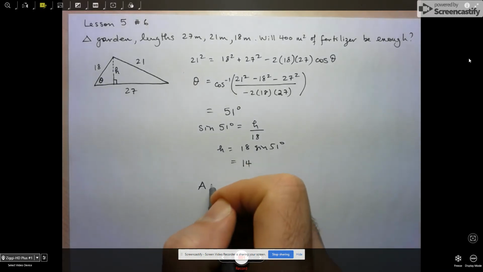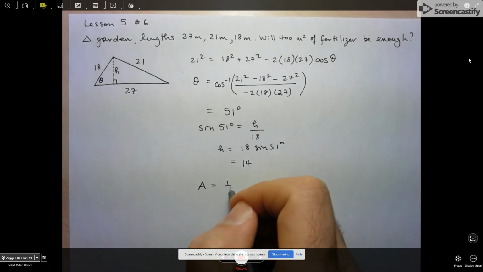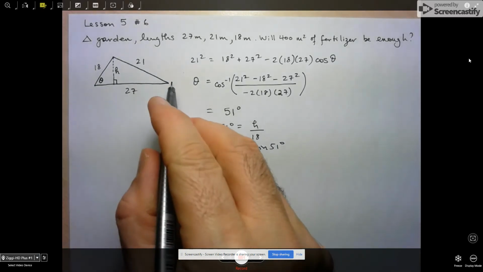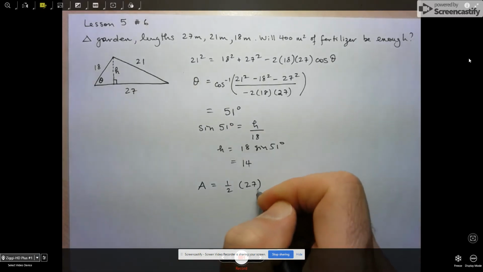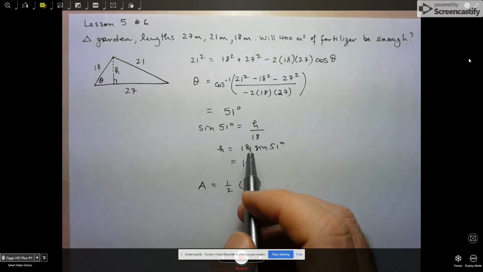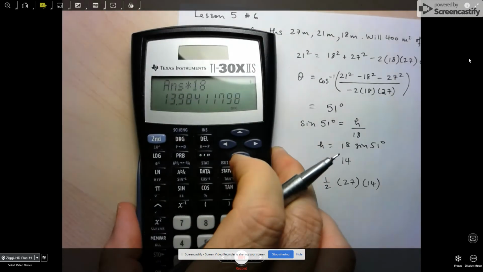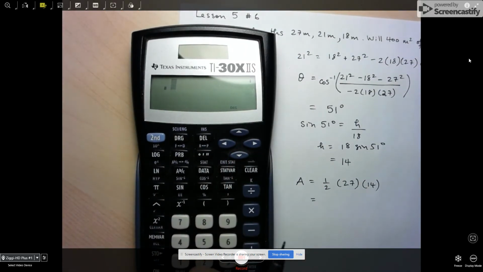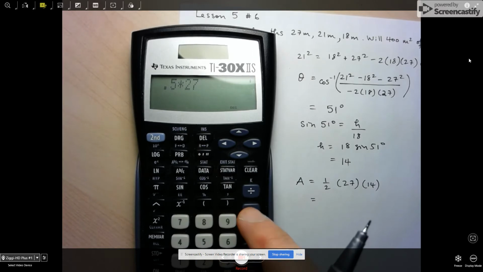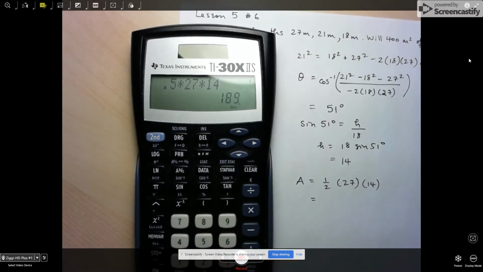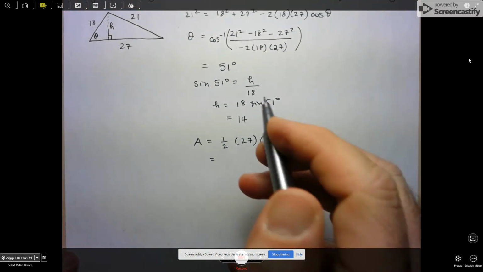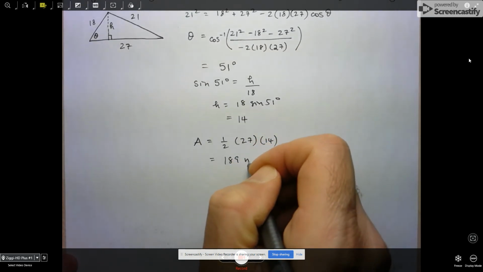So the area of the triangle is going to be 1/2 times the base, which was this length here, 27, times the height, which is what we just found, which is 14, and that's equal to, so here we've got 0.5 times 27 times 14, which is 189 meters squared.